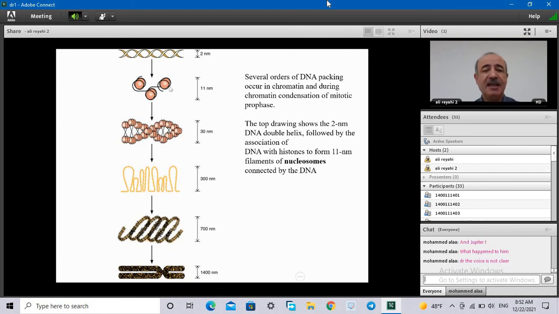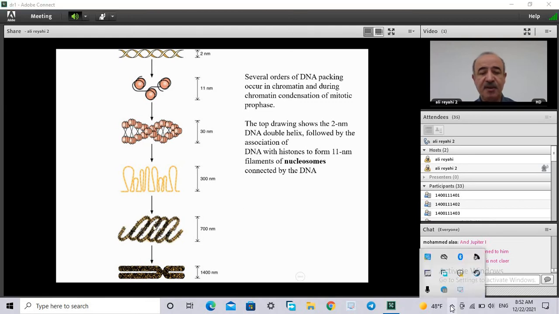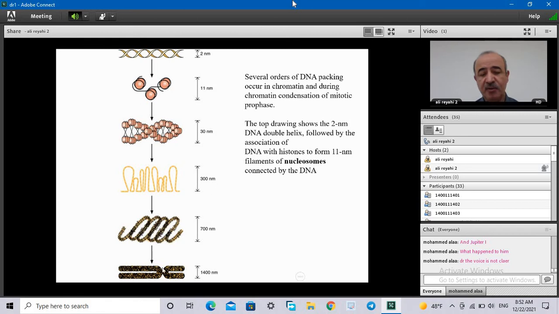This nucleosome, about 11 nanometers, is compact and forms the euchromatin and heterochromatin, and then is compacted further to form the chromosome during cell division.